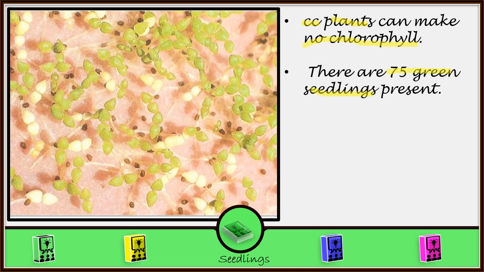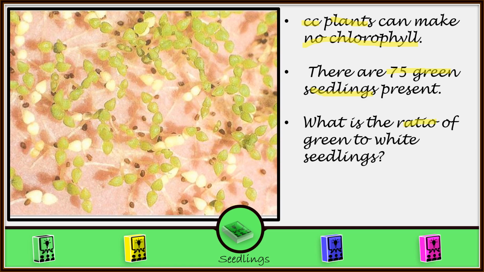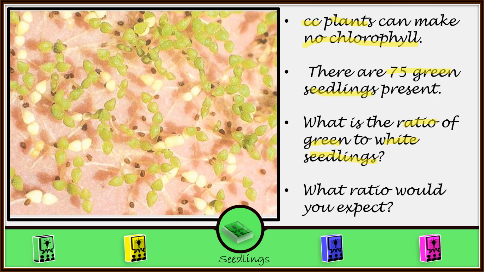There are 75 green seedlings. What is the ratio of green to white seedlings? Which one has green and which one has white seedlings? What is their ratio? What ratio would you expect?